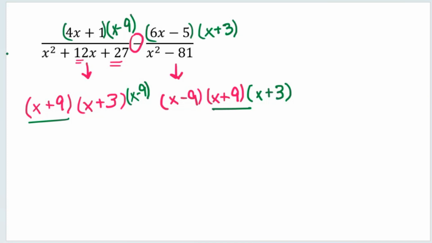All right, so now I can rewrite the problem. I'm going to write it as 4x plus 1, x minus 9, 6x minus 5, x plus 3.